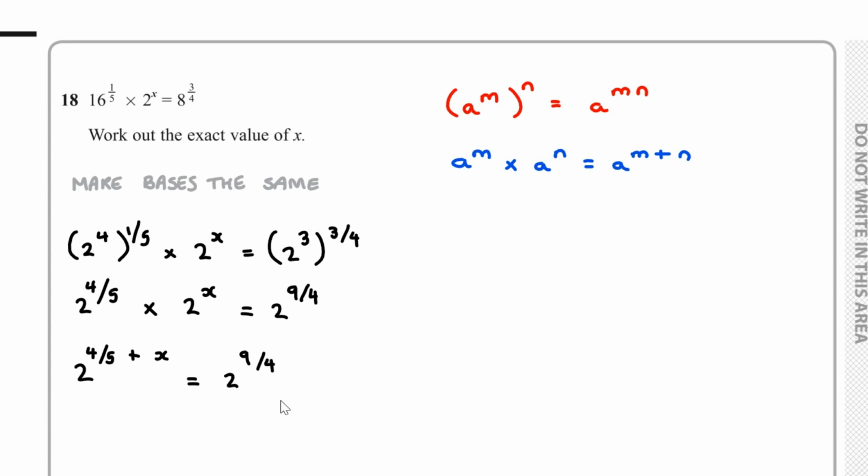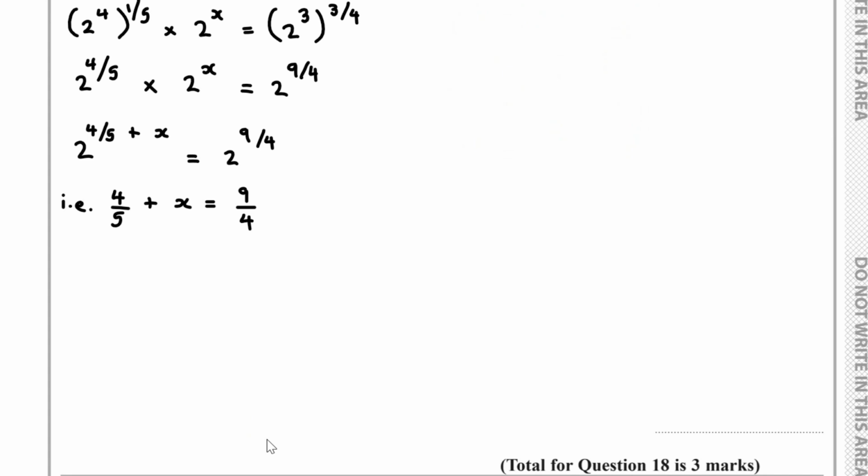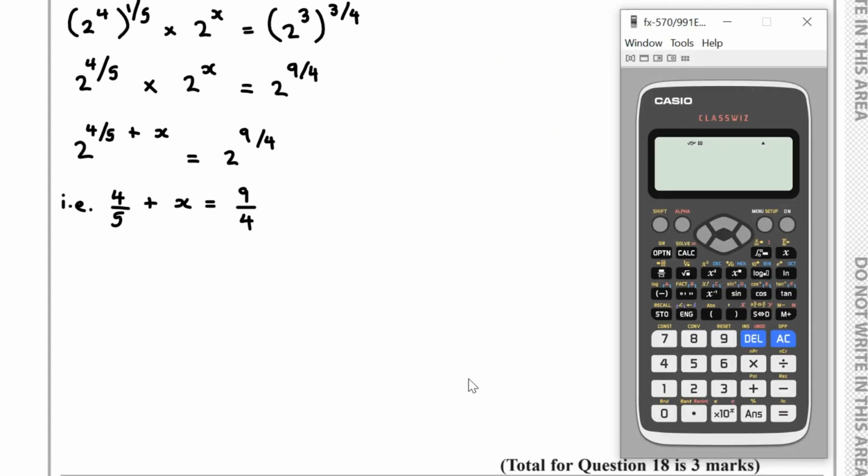And if we now compare the powers, we've got 4/5 plus x equals 9/4. And if we subtract 4/5 from both sides, we have 9/4 take away 4/5, which is 29/20.